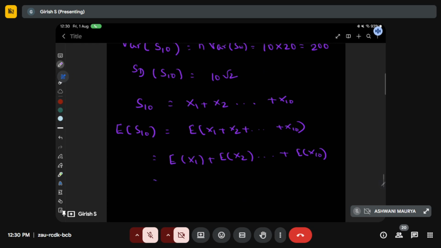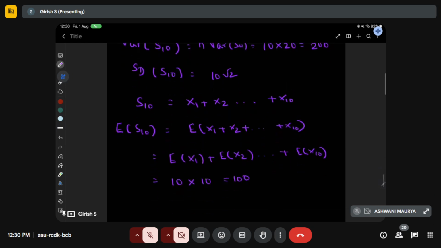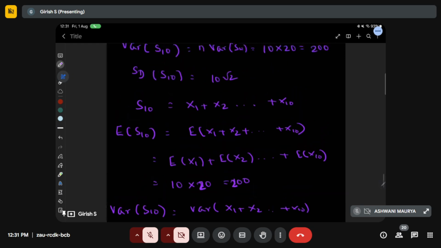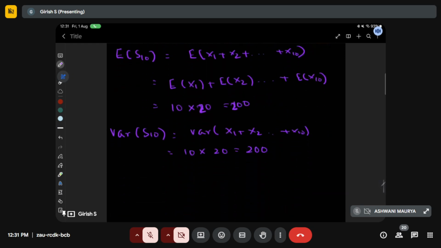Each is an independent and identically distributed variable, so this will be 10 into 20, which is 200. Now the variance of S10 is also 10 into 20, again 200. Now let's use CLT here.